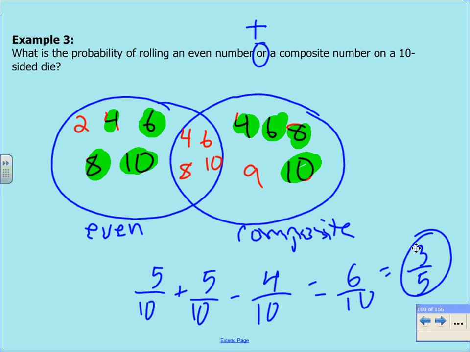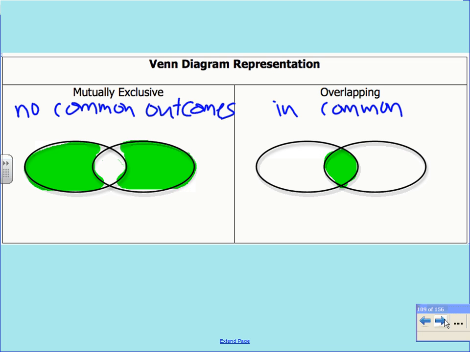So you guys feel pretty confident with overlapping? Okay. On the next page, I just want to make sure, there's a Venn diagram representation. So I just want you to fill in, if you haven't already, mutually exclusive, no common outcomes, and kind of color in the left and right side of the Venn diagram. And then overlapping, I put in common.